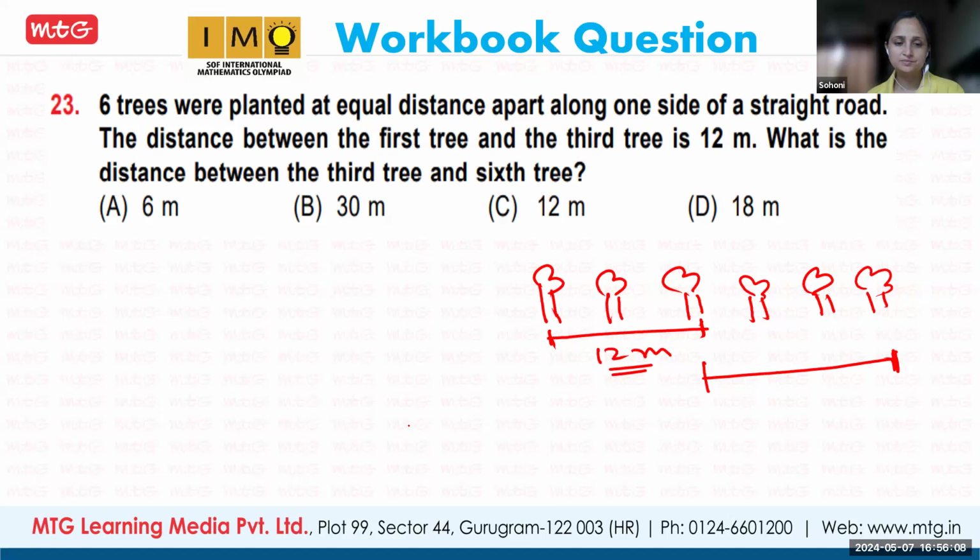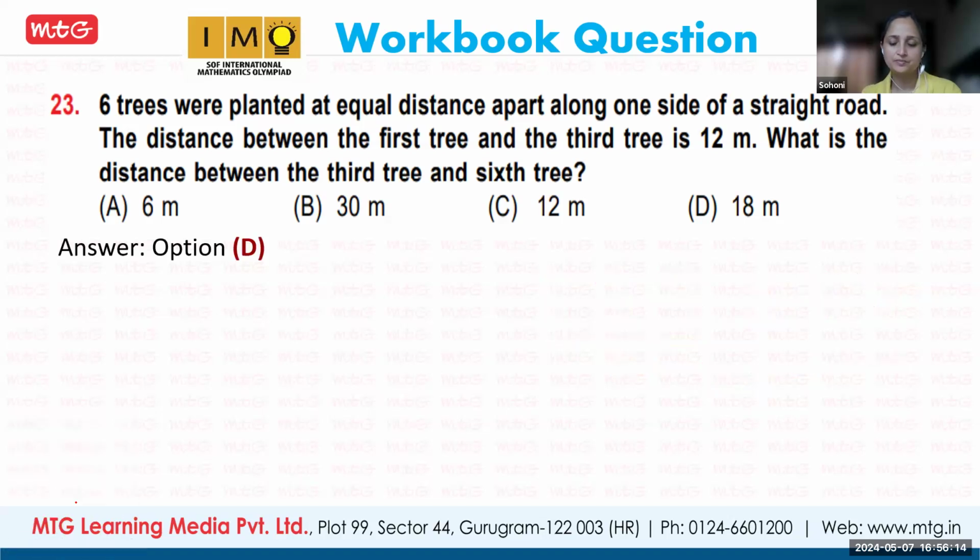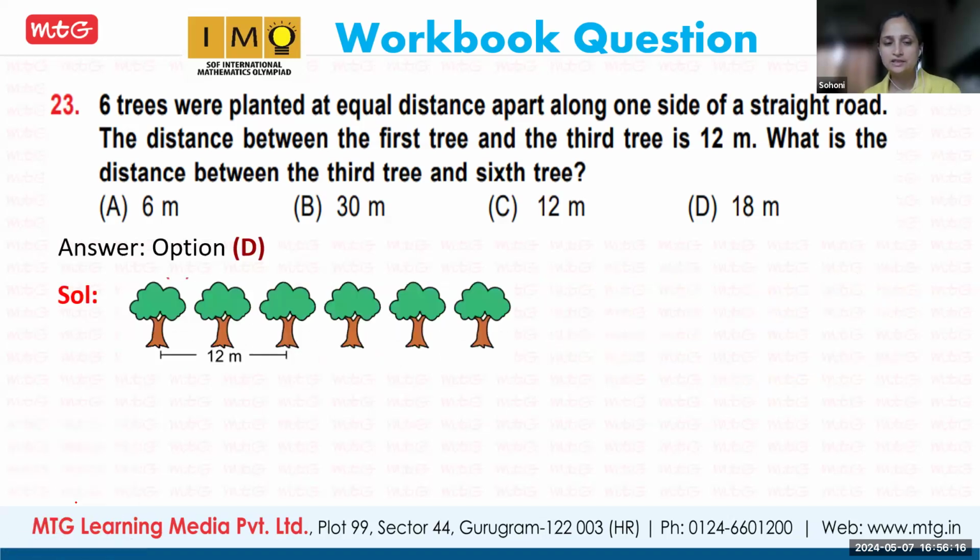Let's see the answer. So here the correct answer is option D, 18 meters. So there are 6 trees, this is our first, second, third, fourth, fifth and sixth. Given is that the distance between first and third is 12, and each are at equal distance.